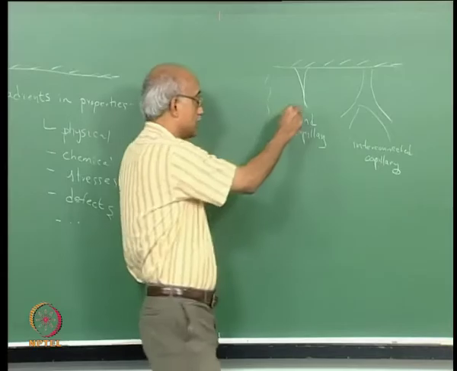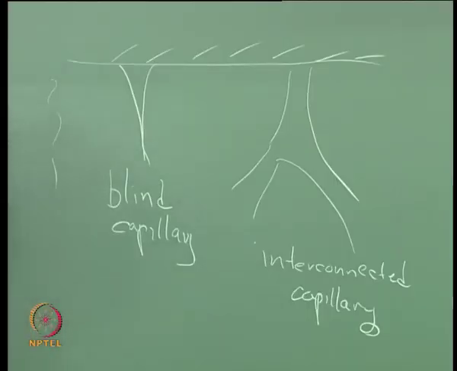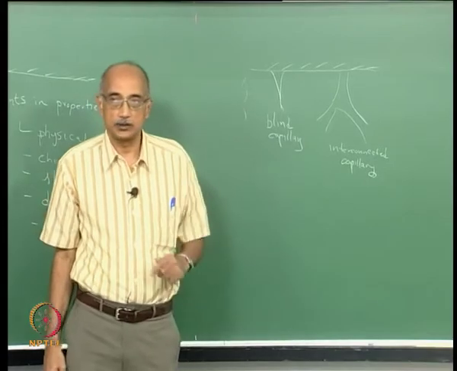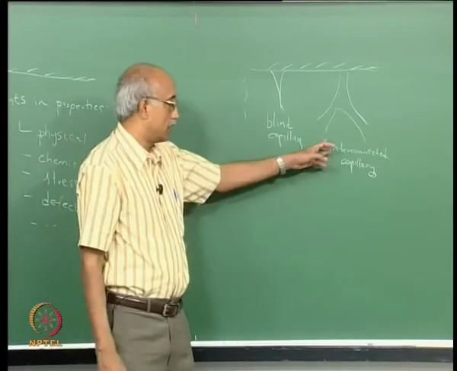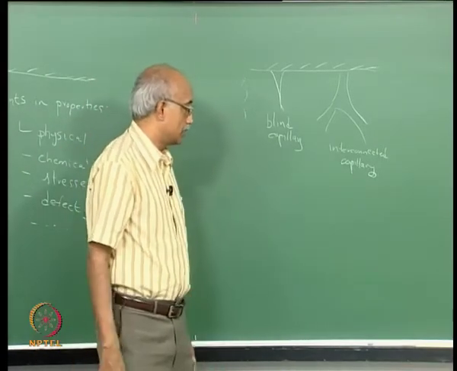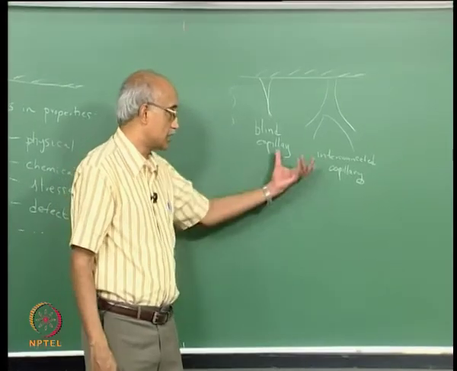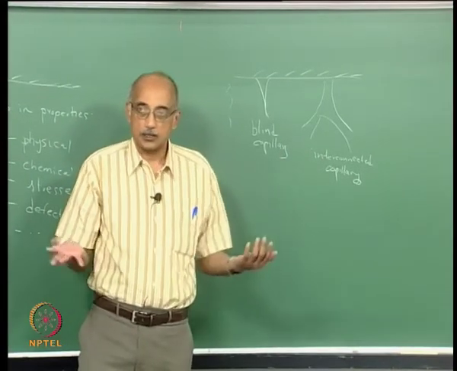The capillary itself can end at a dead end somewhere, and that's called a blind capillary. So depending on the length of the capillary, that tells you how far into the particle the liquid can penetrate, or the particle could consist of several interconnected capillaries.